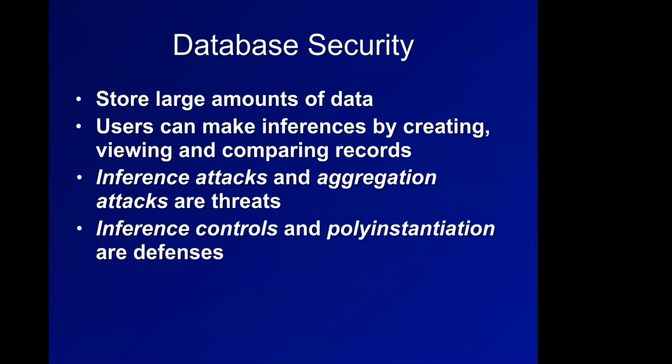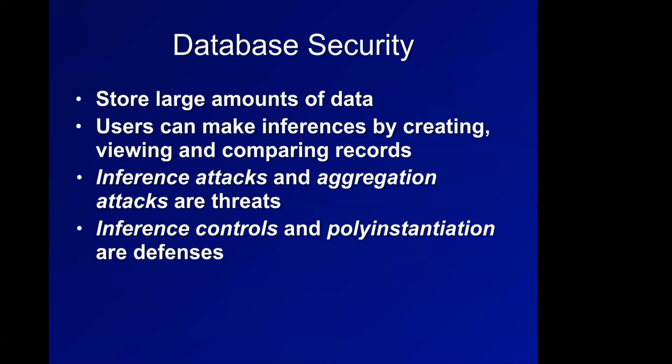So all you could do is go to the phone directory and find out what number is missing, and that's the control number, especially if you just put them in order. That's an inference attack, where you take the non-sensitive data and you deduce the sensitive data from it. And an aggregation attack is similar, where you guess something, and I forget exactly how it works.